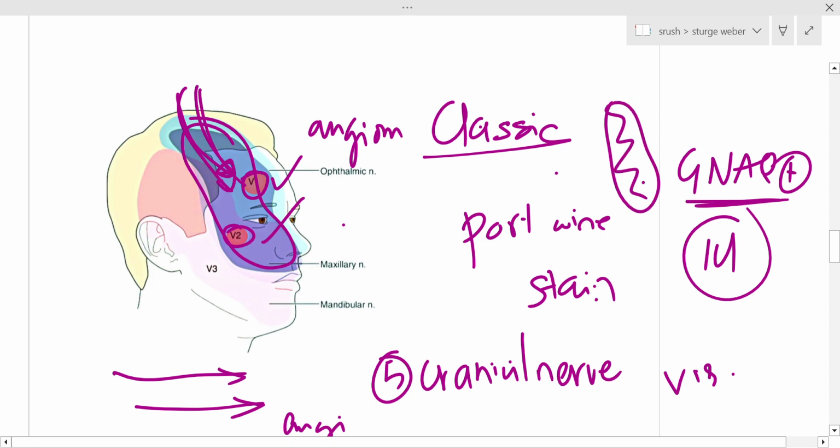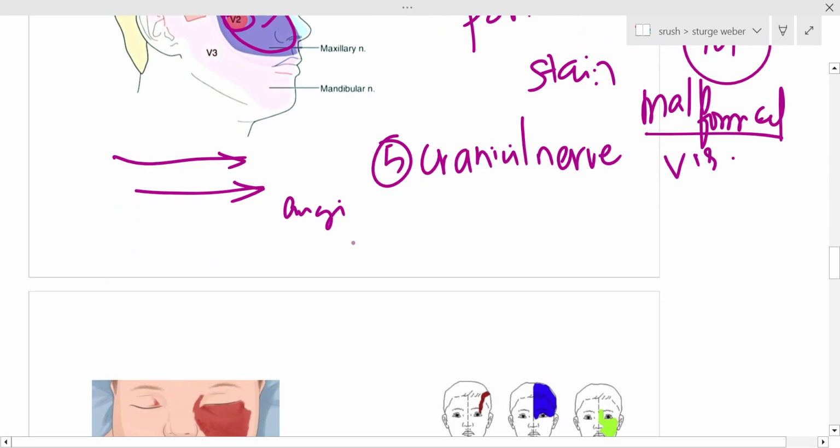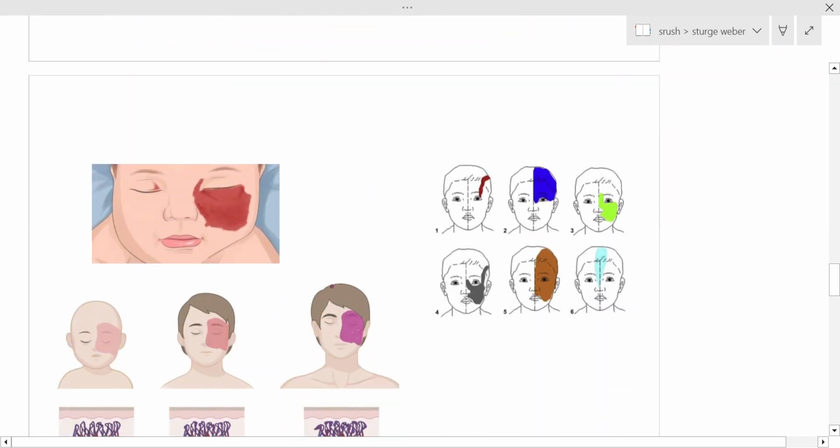It manifests as a stain on the face, right? Because these angiomas are basically blood vessels, and they are malformed. They're not properly formed, at least, and that causes discoloration of the face. Now, the port wine stain can be in very many different shapes. It can be just this much, it can involve one quarter of the face, it can involve the region of the cheek.